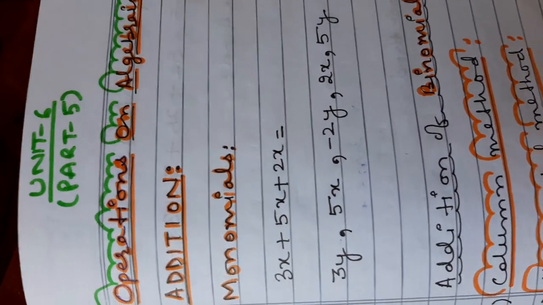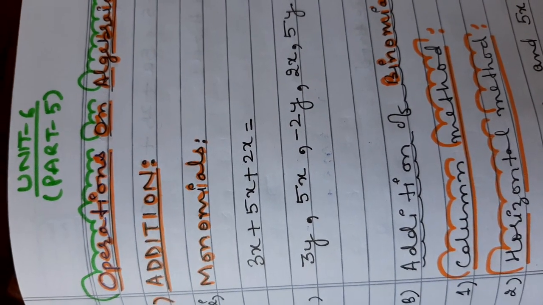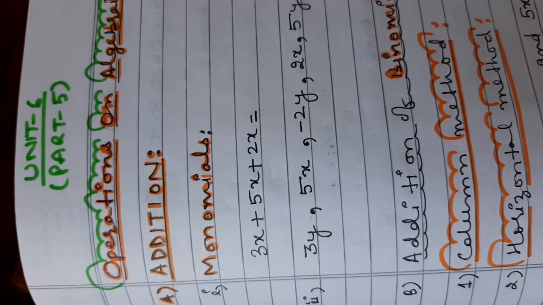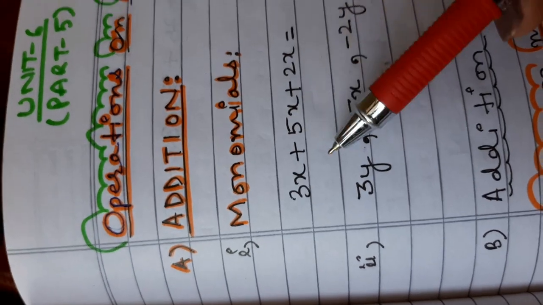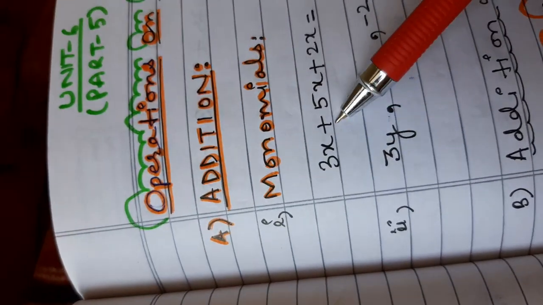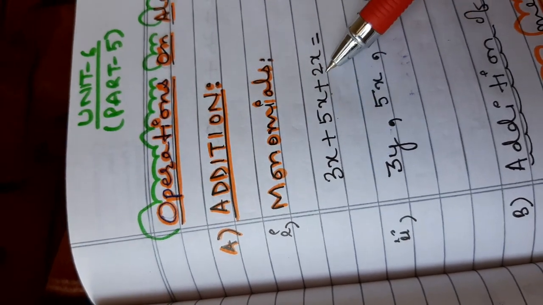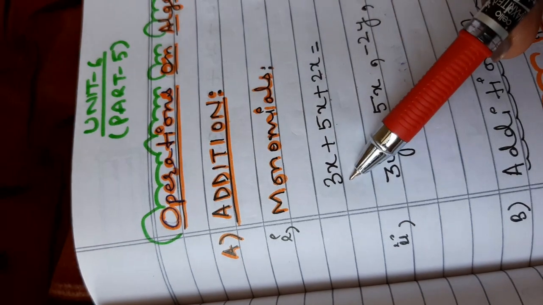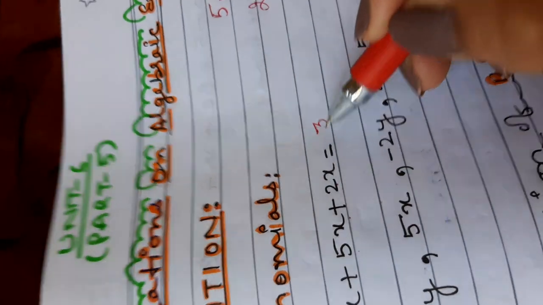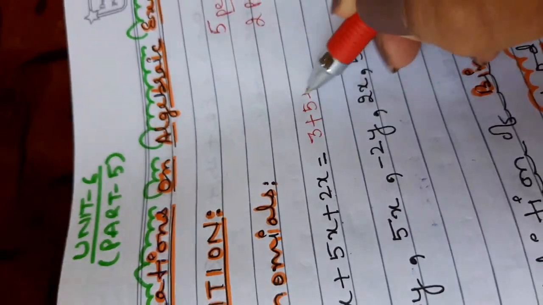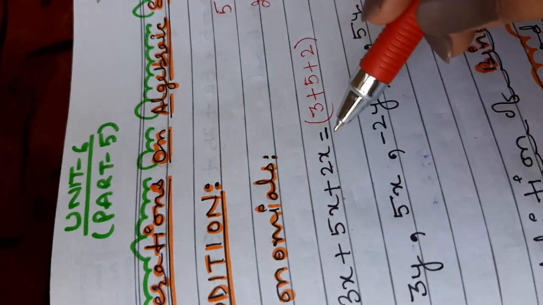If the literal is x, then we will add those like terms, and if it is y, then we will add the same terms together. Okay, students, let us understand this by taking one example. If we have to add 3x plus 5y plus 2x, how are we going to add? We will add the numeral part together, 3 plus 5 plus 2. We will take a bracket for this because all these are x.